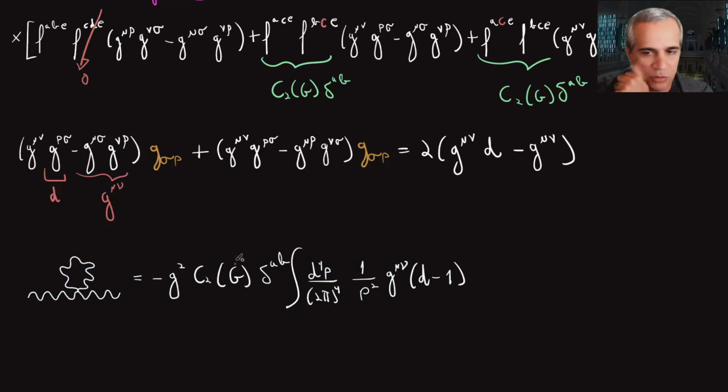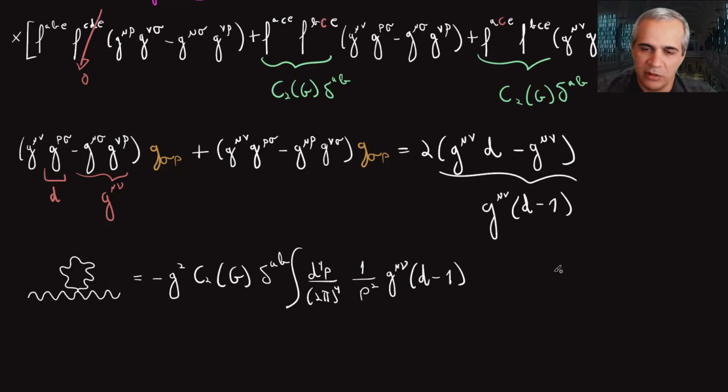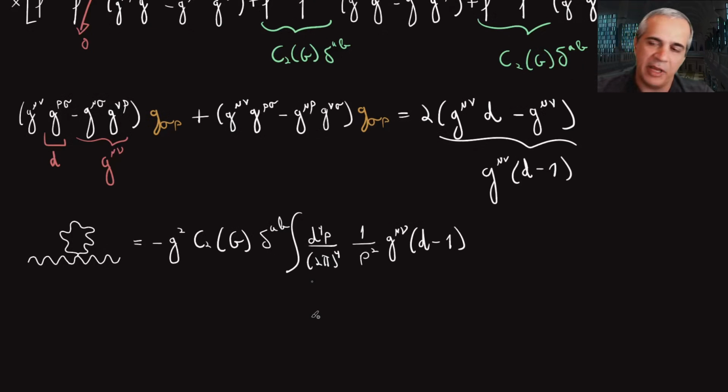It's just g squared, this color part here, 1 over p squared, g mu and d minus 1, which is here. This is g mu (d minus 1). So this one is the simplest of all these loops. But since we can't have nice things, now we'll complicate it.